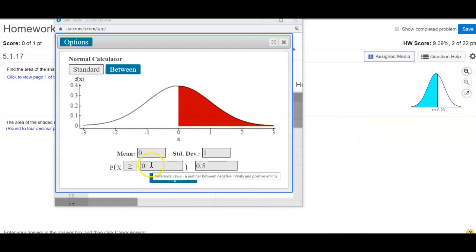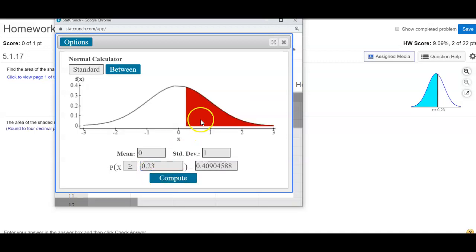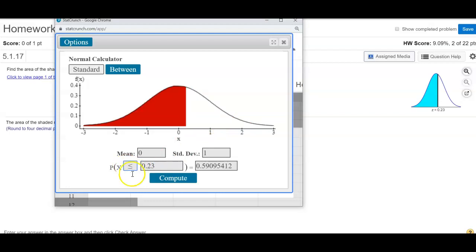I'm going to plug in my z-score, which is 0.23, and I'll compute. But wait a minute, they're asking me for the area to the left-hand side, and I'm giving them the area to the right-hand side. So what do I do? I simply change my inequality.